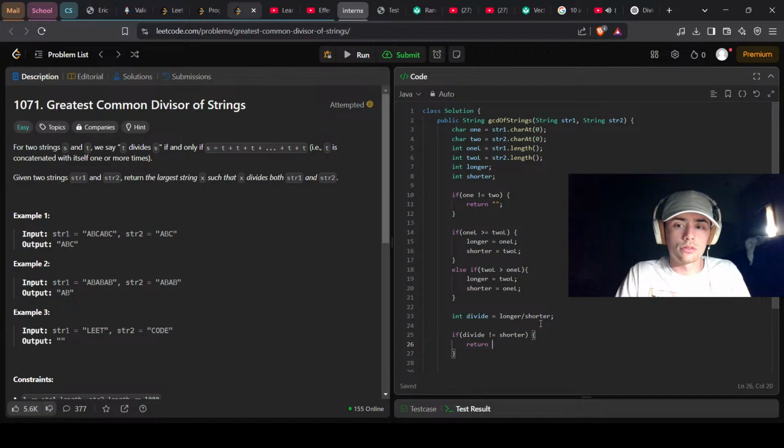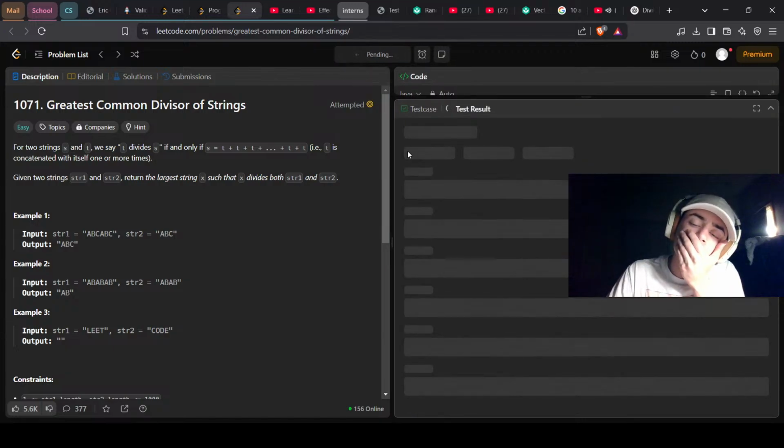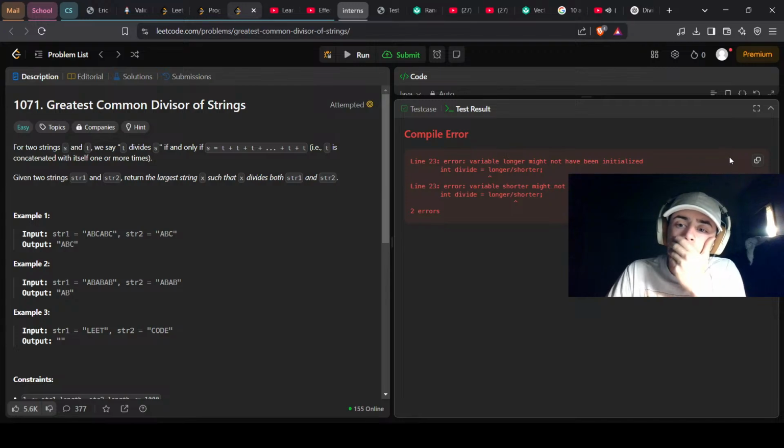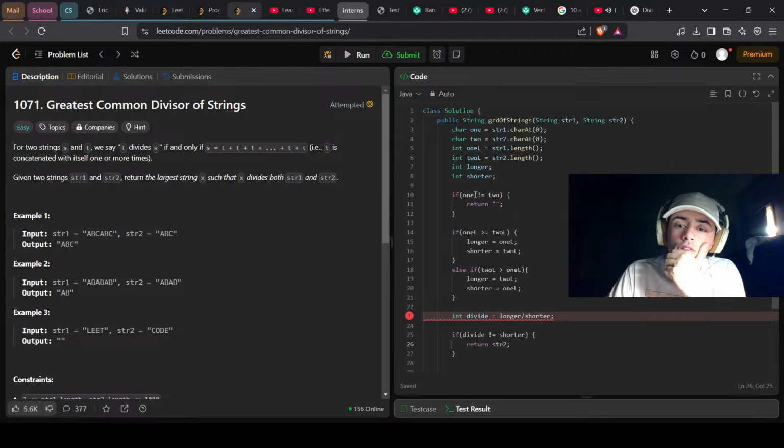Return string 2. Let's see. Variable longer might not have been initialized.